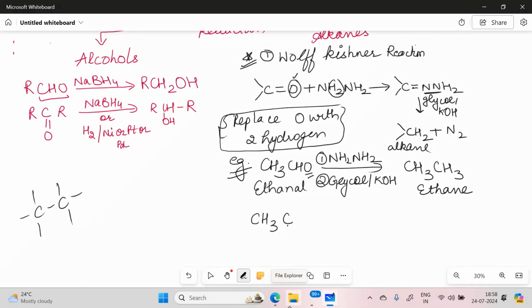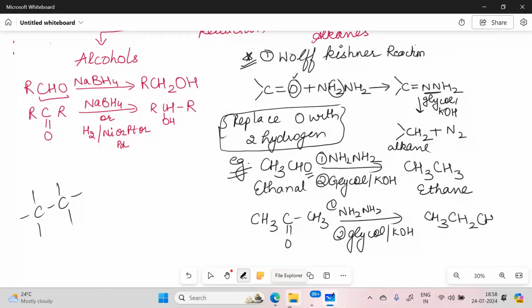Now, if you have propanone, Aditi, you tell me, if you have propanone, you are doing the reaction with hydrazine followed by glycol and KOH. Propane. It should be CH3, CH2, CH3. Propane will be formed. So in Wolff-Kishner reaction, you have to just replace oxygen with two hydrogens.